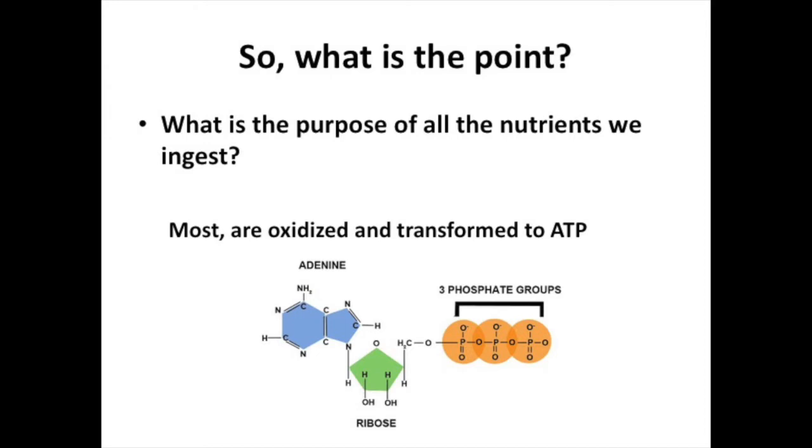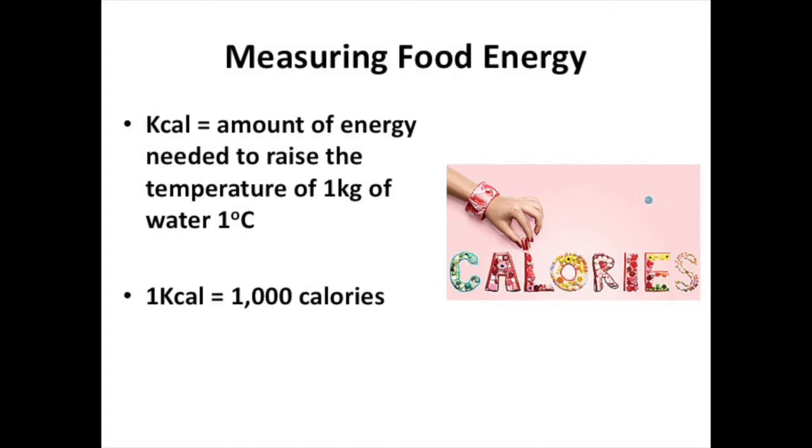If we're talking about measuring food energy, we're familiar with the idea of a calorie, but most of us don't realize what a calorie actually is. So we're going to talk in terms of kilocalories. That would be 1,000 regular calories, and that's the amount of energy you need to raise the temperature of 1 kilogram of water by 1 degree centigrade.